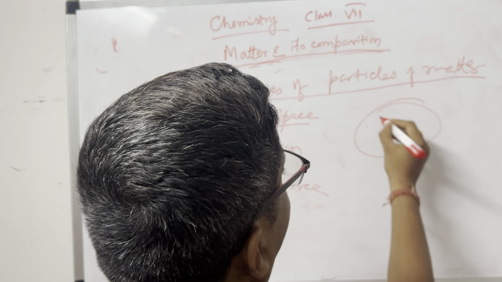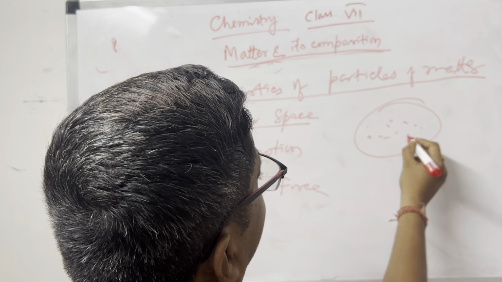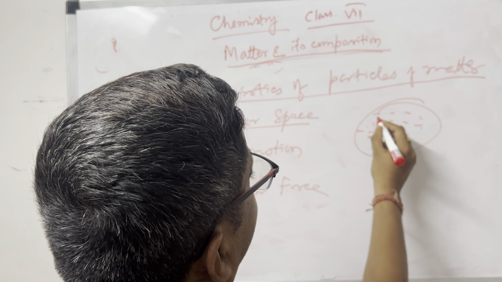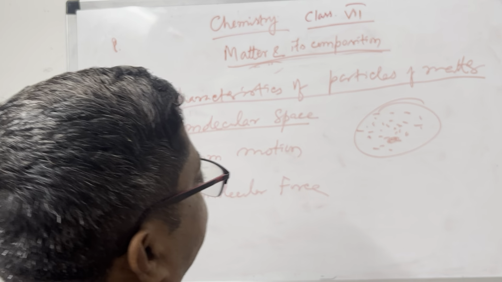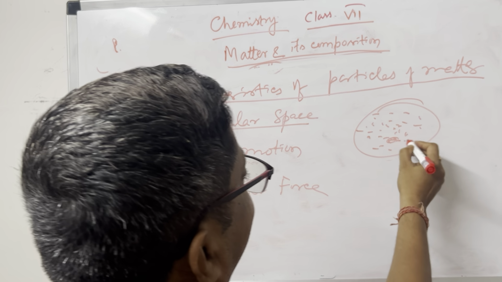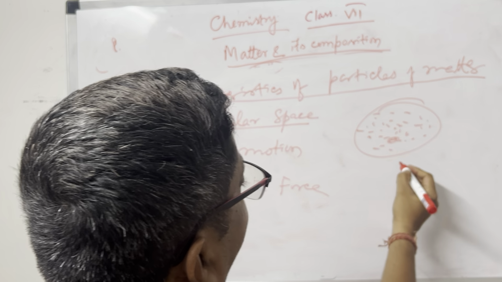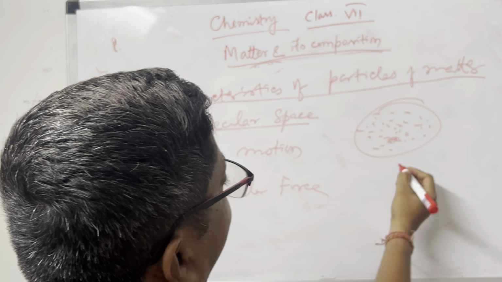Suppose you are taking something like iron, these are the particles. Within those particles there are spaces, that is called intermolecular space. In the case of solid, the space is very less. Suppose you are considering liquid, the space is less than gases.